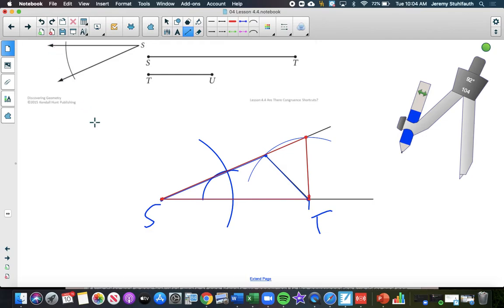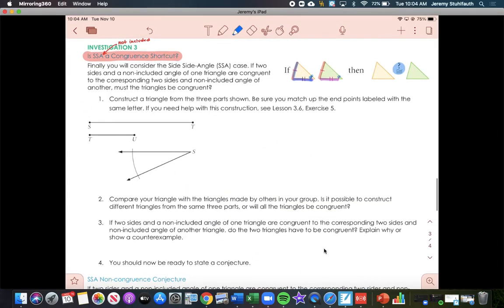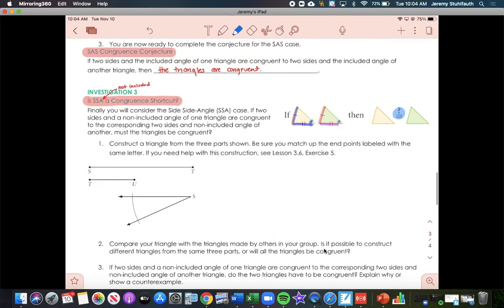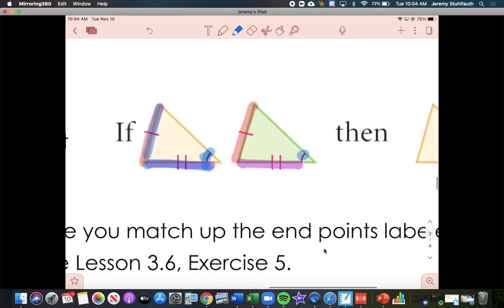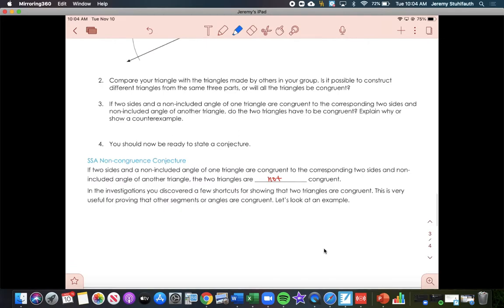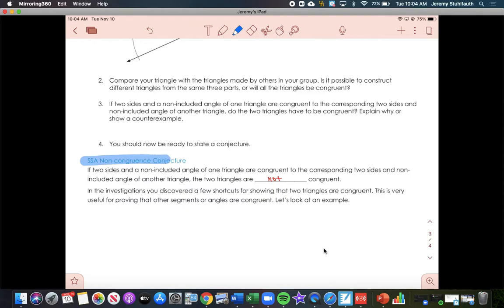So what that means, if you jump back to our notes, is that if you have 2 triangles where you have 2 sides and then an excluded angle, meaning the angle is not in between the 2 congruent sides, then we are not allowed to say that they are congruent. You have what is called the side-side-angle non-congruence conjecture.